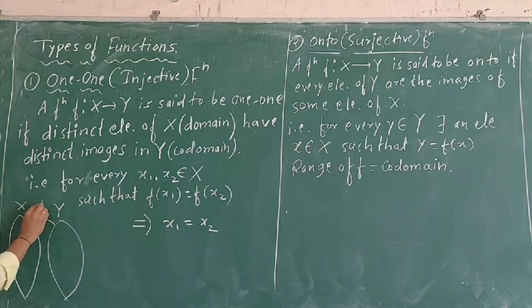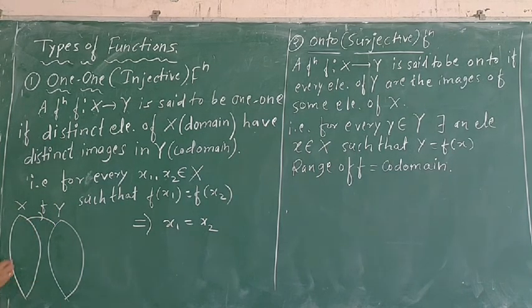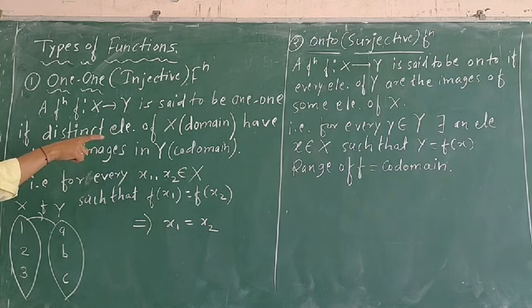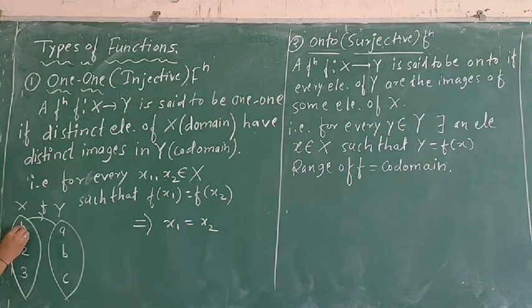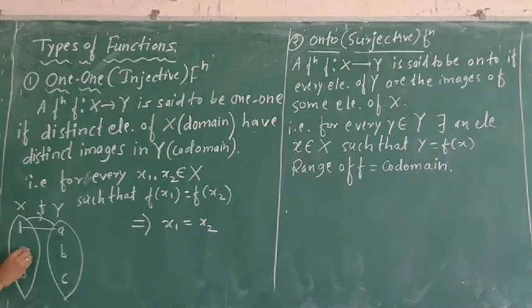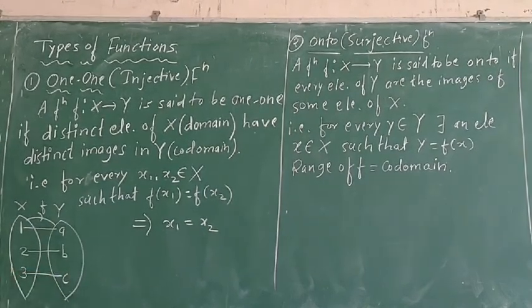Now suppose the set x contains the elements 1, 2, 3, whereas the set y contains the elements a, b, c. When is this mapping called one-one? The definition says different elements of x have different images in y. See here, the image of 1 is a, the image of 2 is b, the image of 3 is c. So these are different elements of the domain having different images in the codomain.